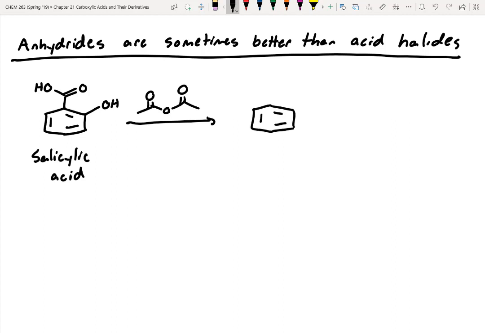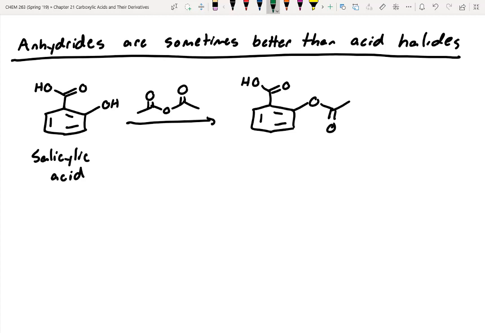And what do you think the product will look like? Will it react with the carboxylic acid? Probably not. However, the alcohol, definitely. Right?